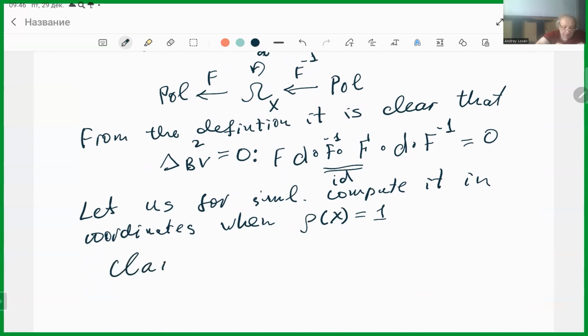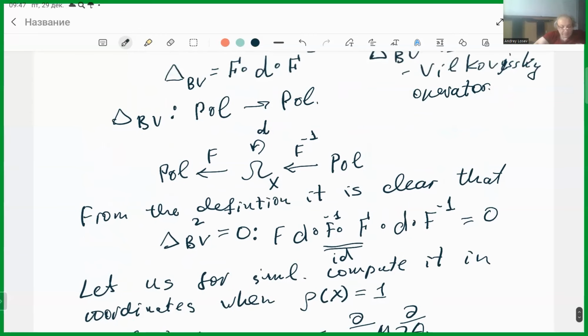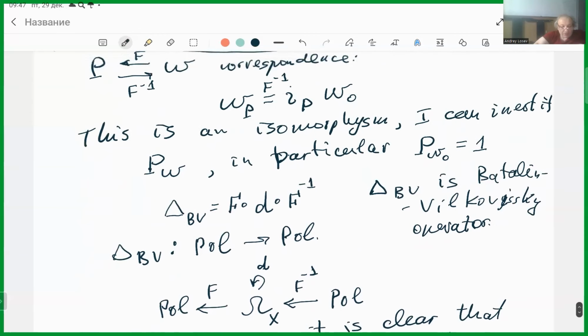Claim: in this case delta BV equals, let me try to explain why it goes like this.